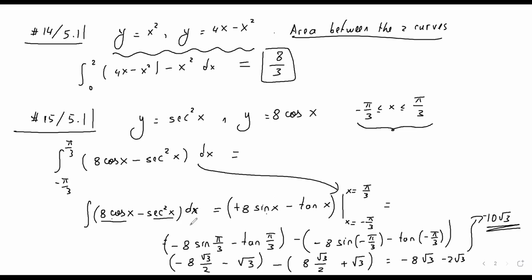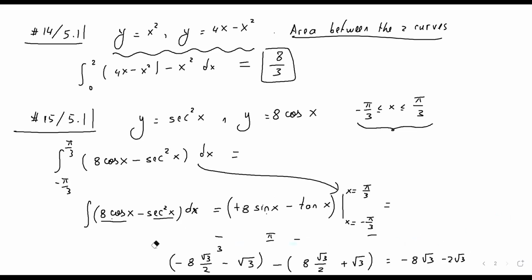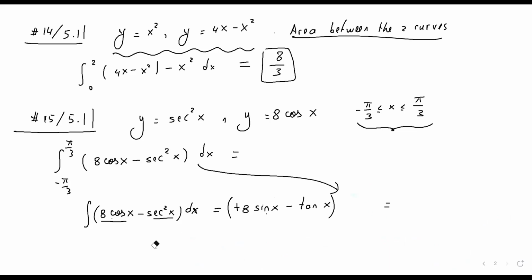Okay, let's delete all of these. And let's behave better here. So let's not make mistakes. Sorry about that. All right, so there we go. Let me write this. So this is the antiderivative, 8 sine x minus tangent x.